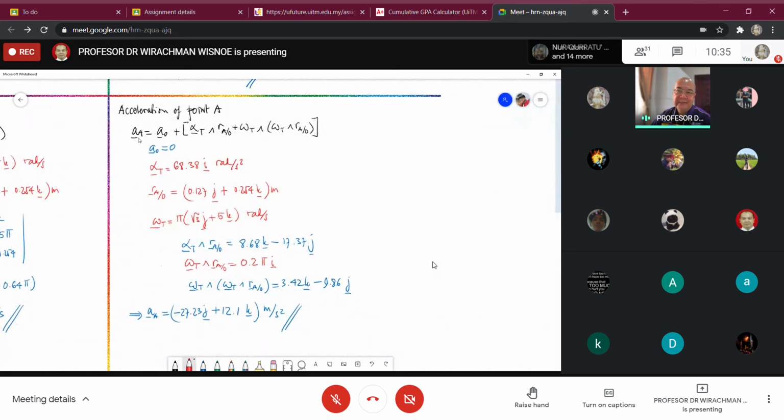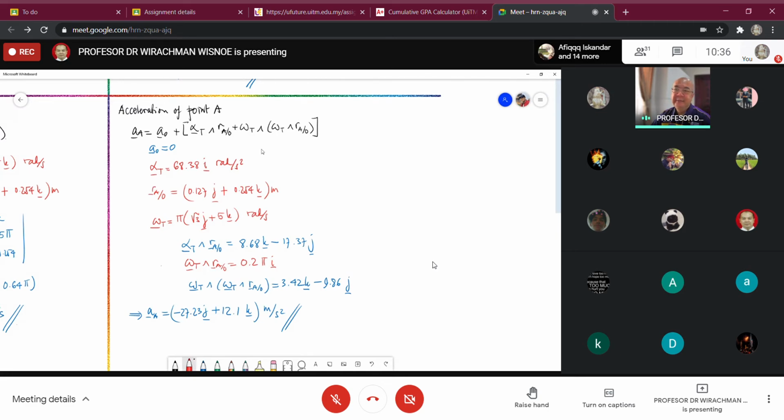So acceleration of point A equals the absolute acceleration of point O plus all this acceleration. If you still remember the 2D plane motion, this one represents the tangential component, this one represents the normal component.